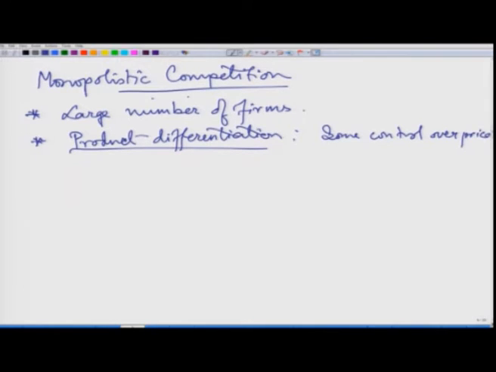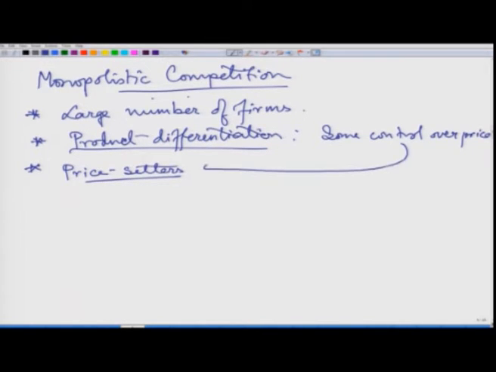So there is a differential in the price, and who decides the price? Here the firms decide the price, because they know the characteristics of their products, how they are differing, how much they are differing. So the third one is that slowly we are moving towards price setters from price takers.